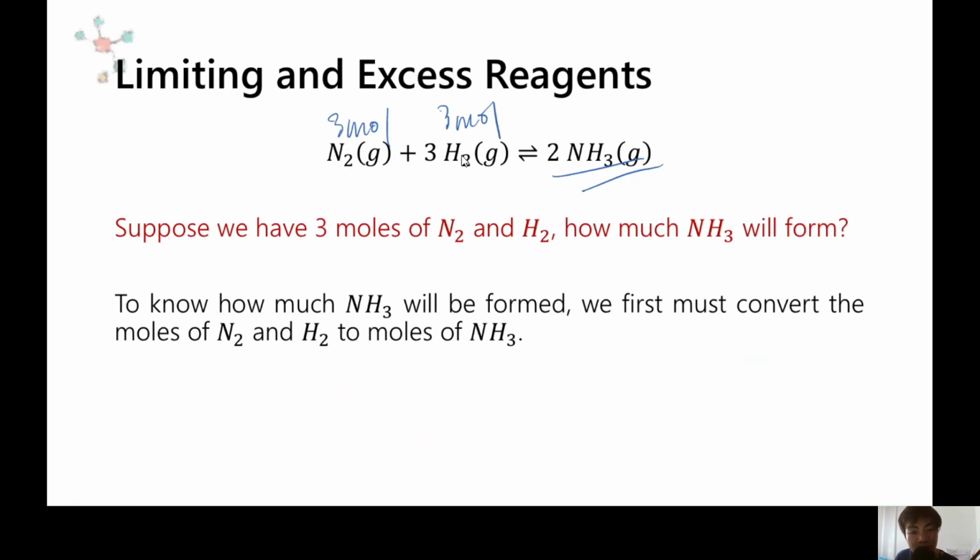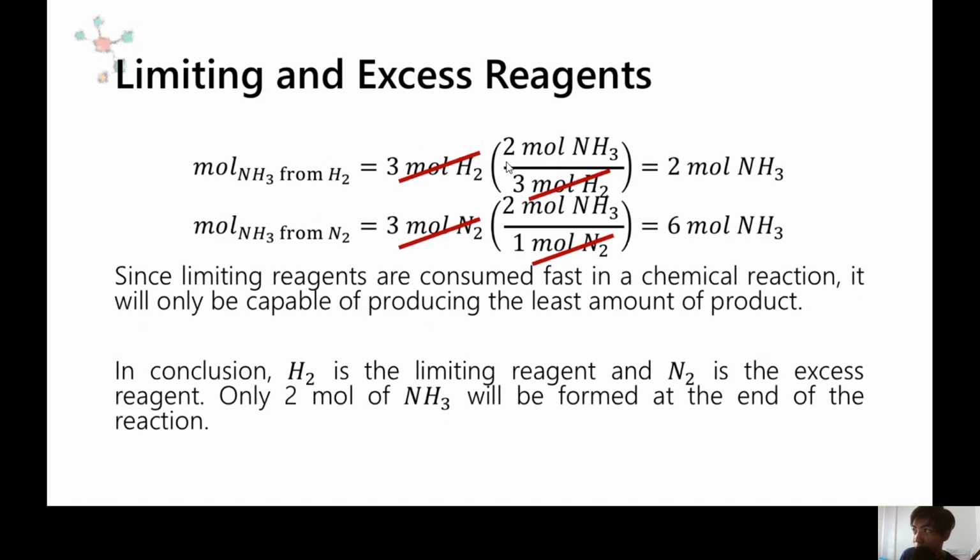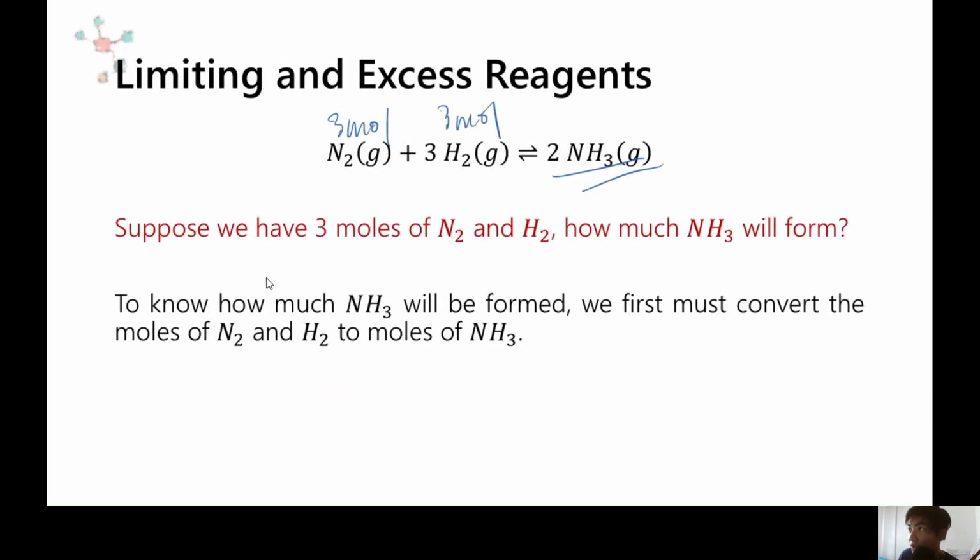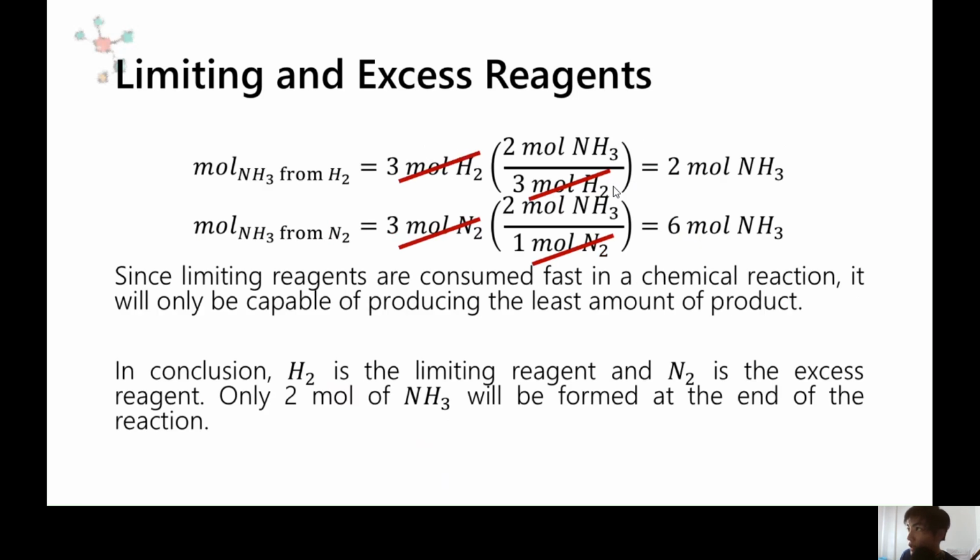For every 3 moles of H2, there will be 2 moles of NH3, no? So, kaya we have this fraction here. Dito naman sa baba, this conversion factor is from the ratio of N2 and NH3 in the balanced equation. So, for every mole of N2, you will have 2 moles of NH3.